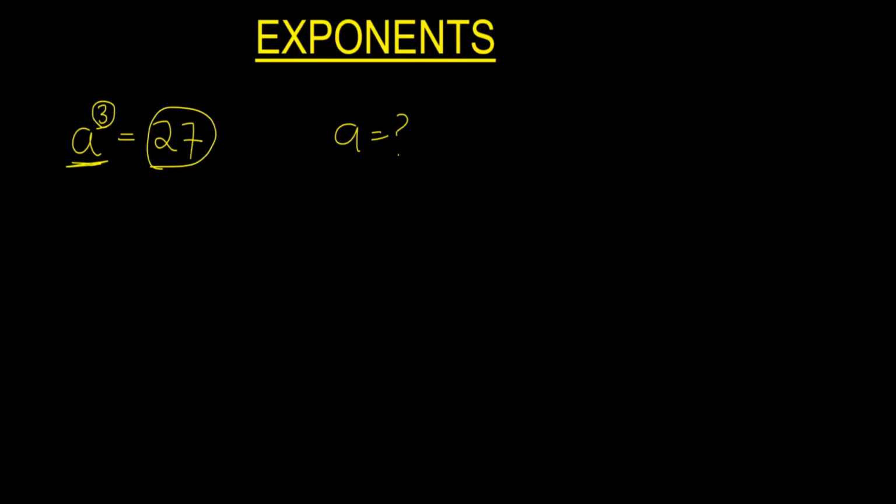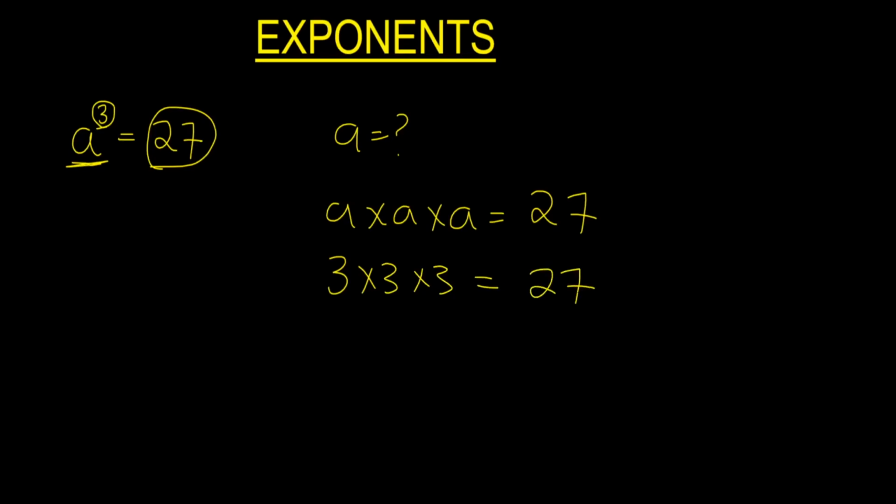You can calculate that and say, if I multiply 3 times, I can get 27. You can get this from your mathematical table. And you can say the value of a is 3, and that is that.